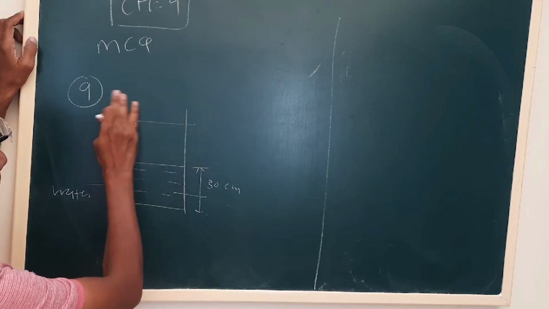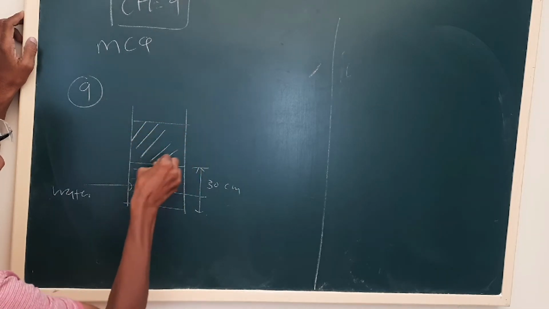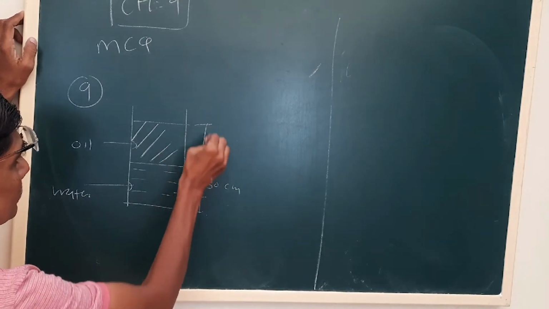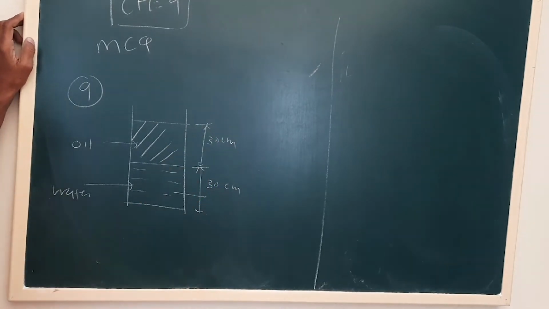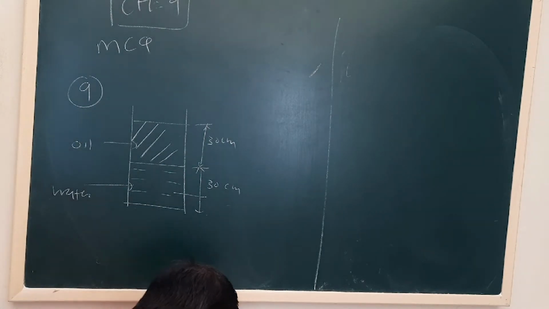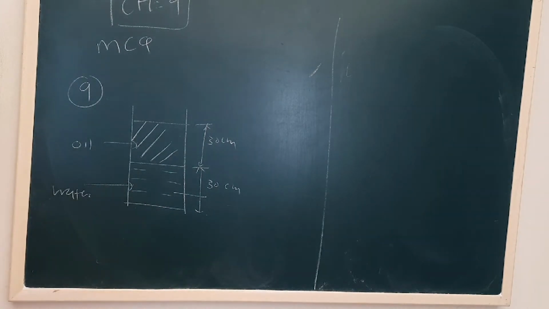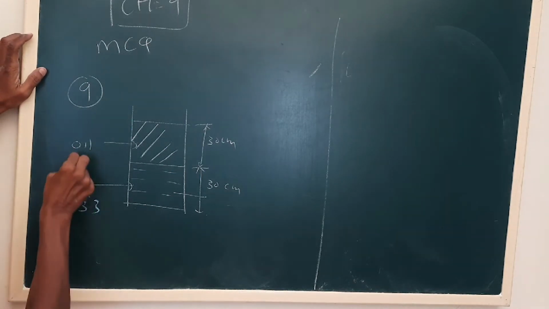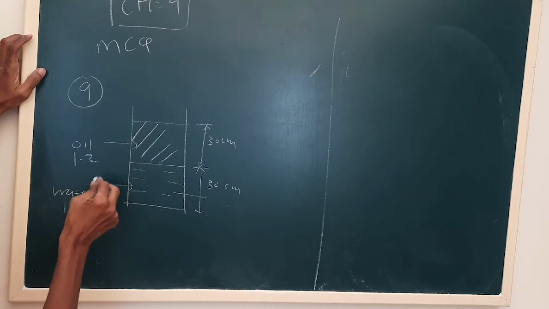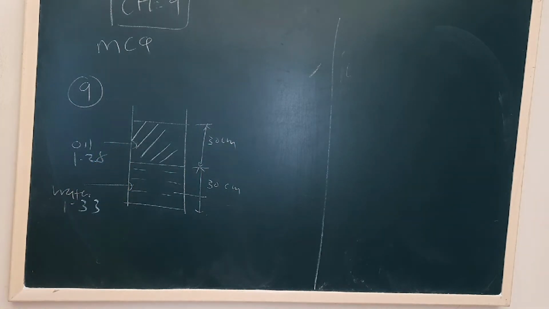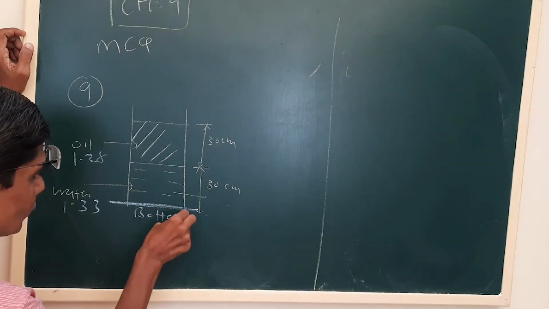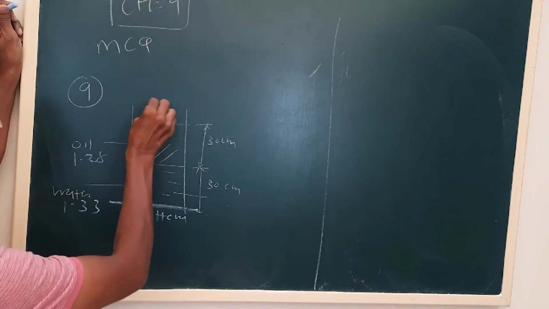Now oil is also filled to the same height. Now see, the refractive index of water is 1.33 and the refractive index of oil is 1.28. Okay, how? See, the bottom is shifted. Let us say the bottom is here, and the observer is here.